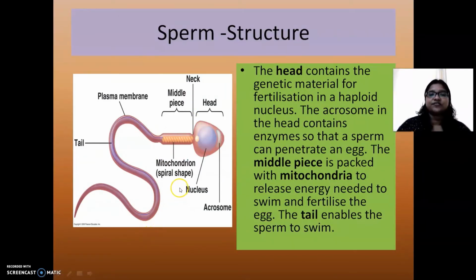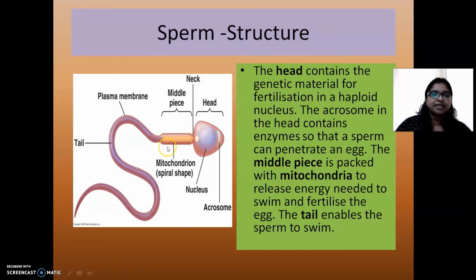Let's see the structure of a sperm. A perfect sperm has three parts: a head region, a middle piece, and a tail. The head region contains a nucleus and acrosome. The acrosome has enzymes which help in the penetration of the sperm into the egg.